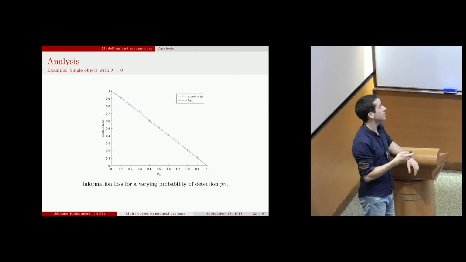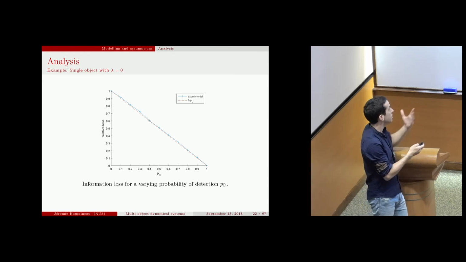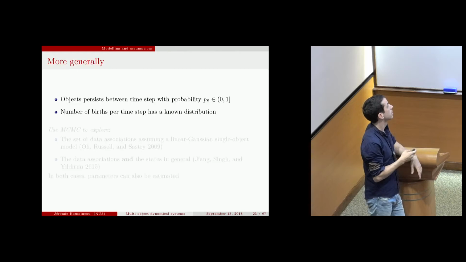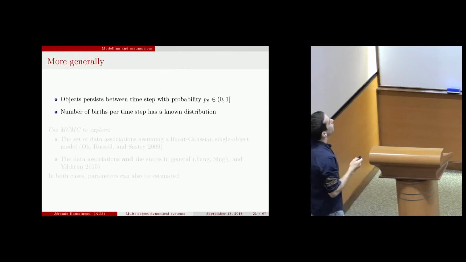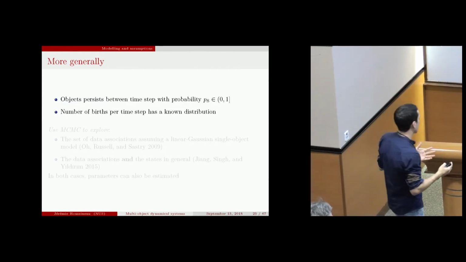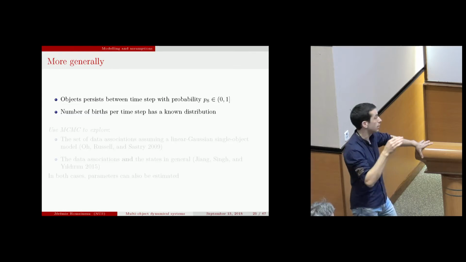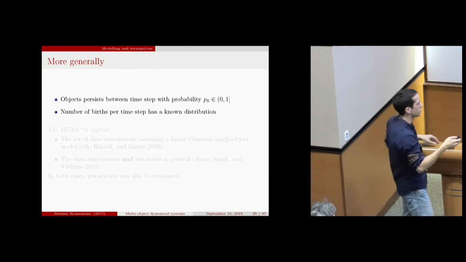But you can say something, and I think it's interesting to see how those concepts apply to a more complicated case like this. So now I'll make the problem a bit harder, and I also assume that the targets can disappear with some probability of survival, PS, between 0 and 1.